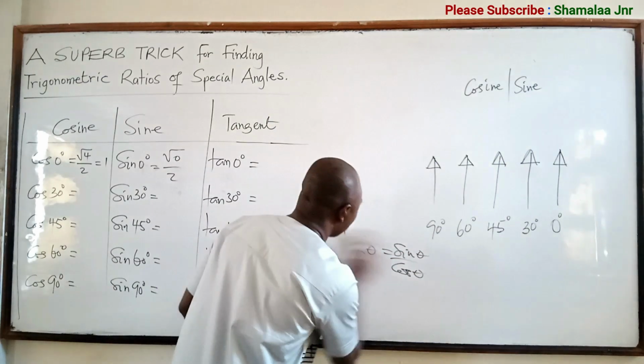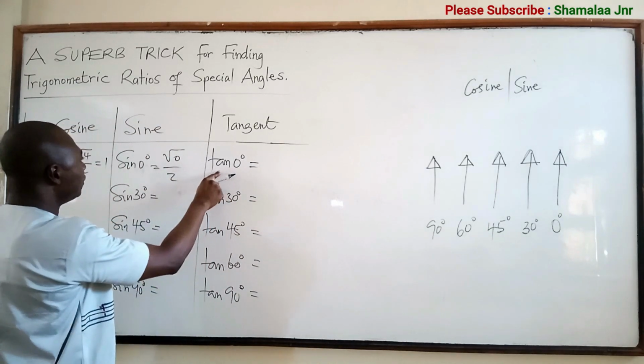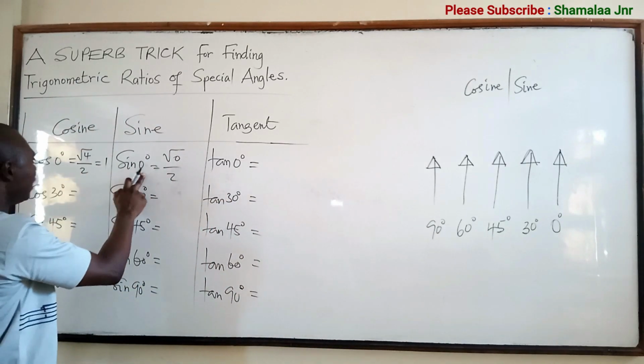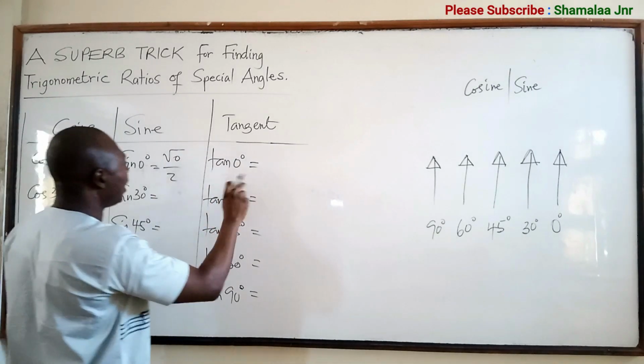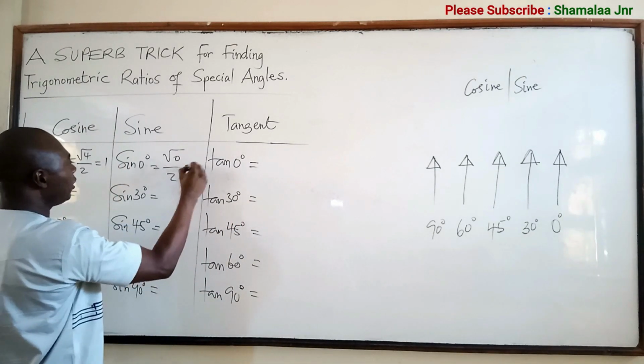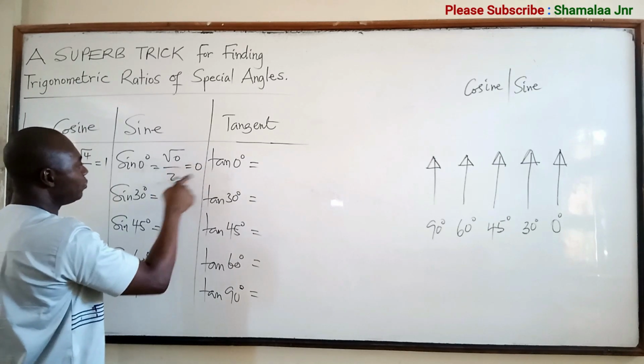Okay, so because tan theta is equal to sine theta over cos theta, if you have the value of sine 0 and the value of cos 0, to get tan 0, all that you do is this: square root of 0 is 0, divided by 2 is 0.